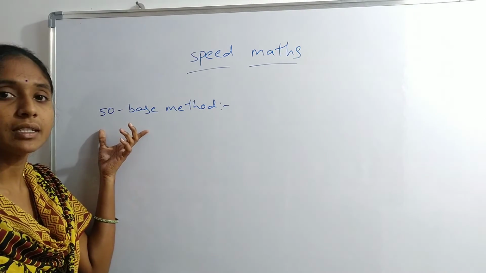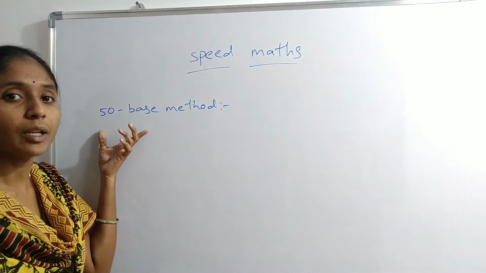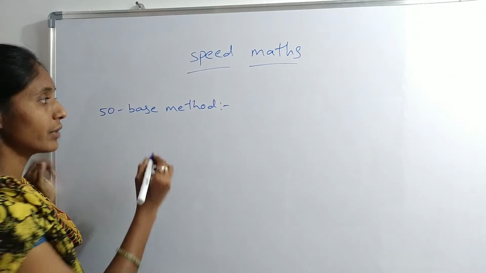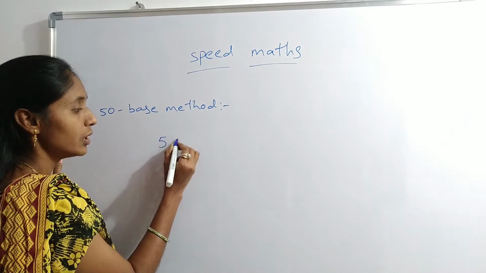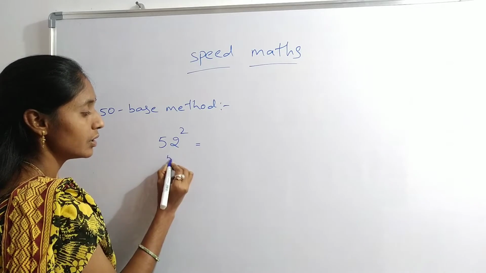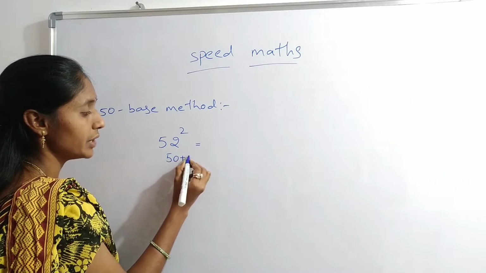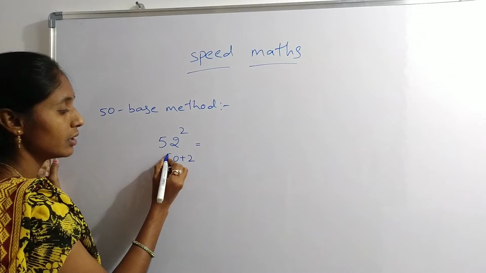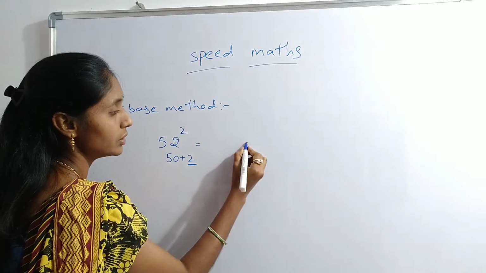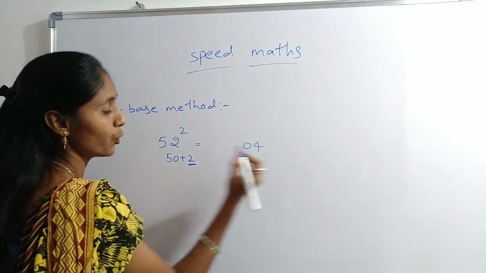The 50 base method means the values closer to 50. How can we find the square value? Let me take the example 52 square. This is 2 greater than 50. Take the 2 square value, that is 04.